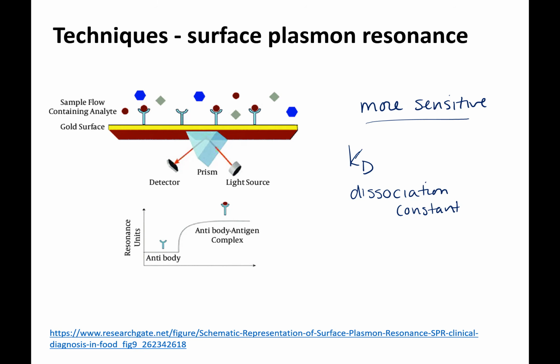And I really don't understand very much about enzyme kinetics, but what I do know is that a higher KD value, so a bigger number, means there is lower affinity for those two proteins to stay together.